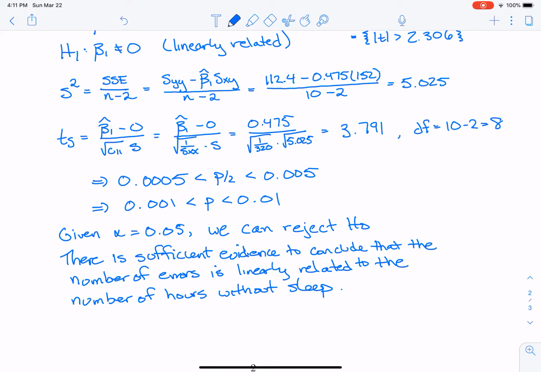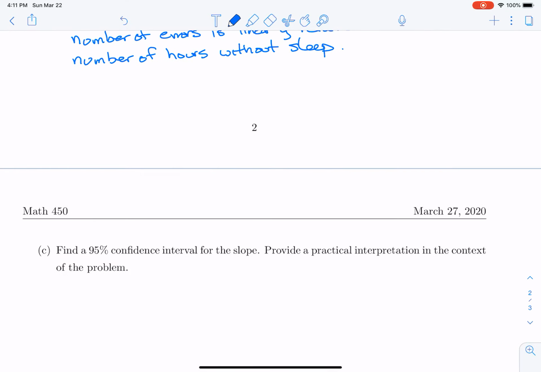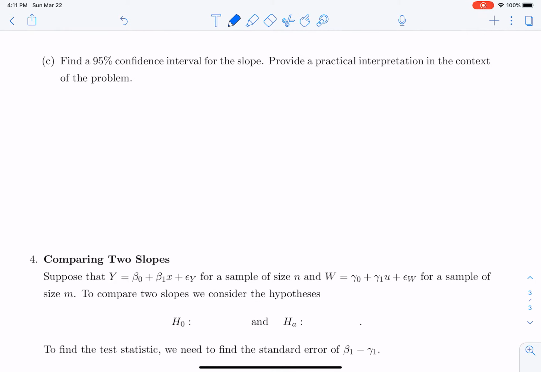Now, I would like to find a confidence interval for the slope. So we're going to move on to finding a confidence interval for the slope. The formula for the confidence interval is going to be beta 1 hat plus or minus t sub alpha over 2 times the square root of C11 times S. That's going to work out to 0.475 plus or minus t sub alpha over 2, which we saw was 2.306.